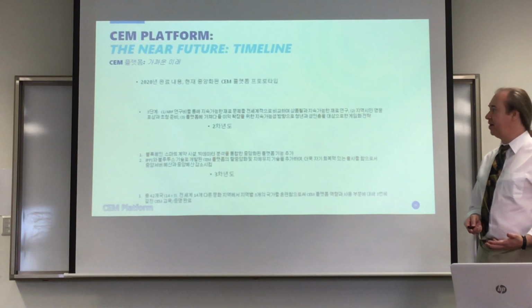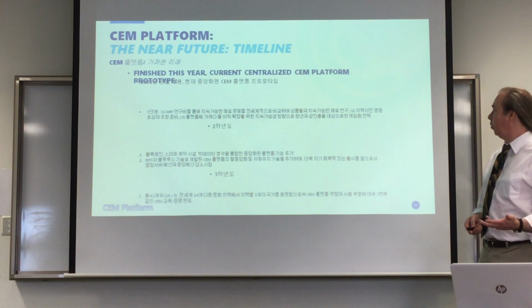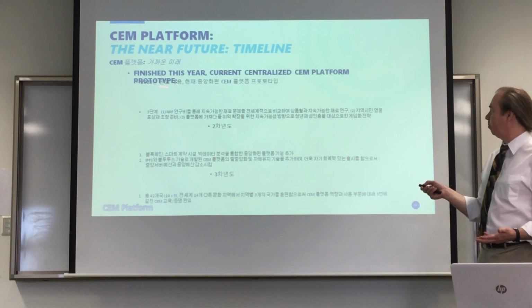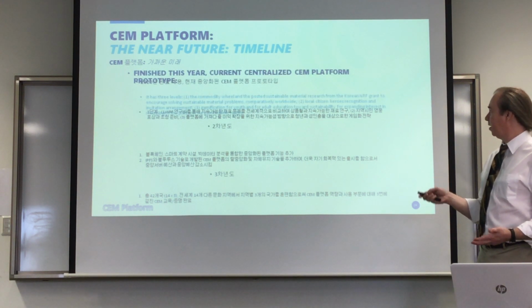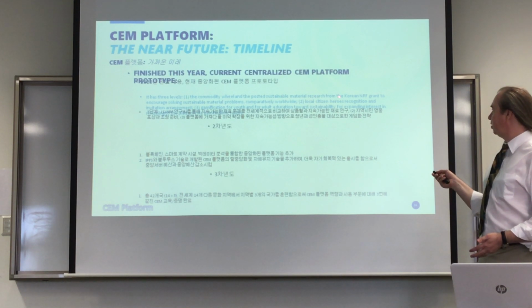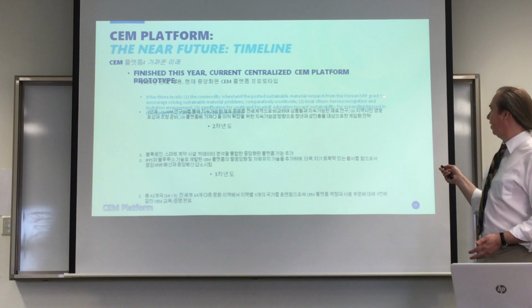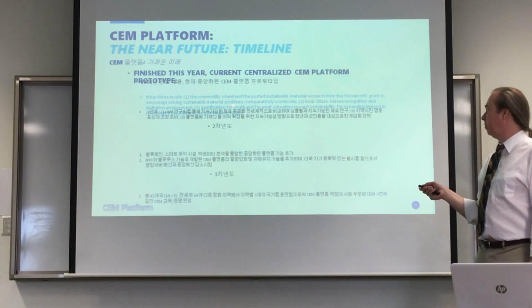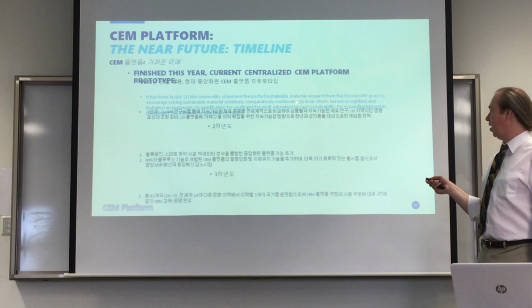So the timeline, as I said, by this year, we are finished with the CEM platform prototype. It has 3 levels, the commodity wheel and the posted sustainable material research from the Korean NRF grant to encourage solving sustainable material problems comparatively worldwide.